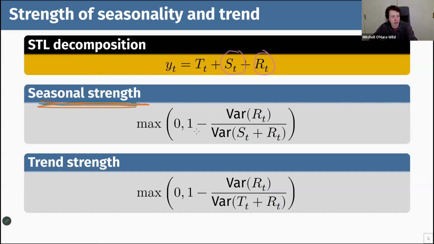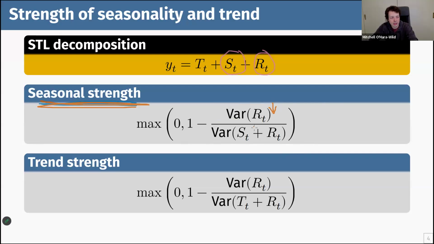We do this by calculating the ratio of the variances. The variance of the unexplained bits divided by the variance of the seasonal plus unexplained bits will give us the strength of the seasonality.